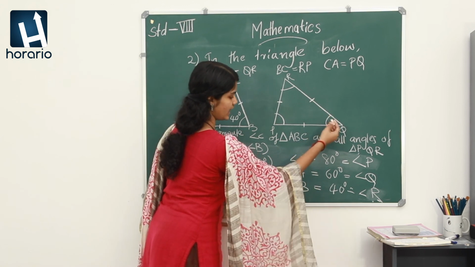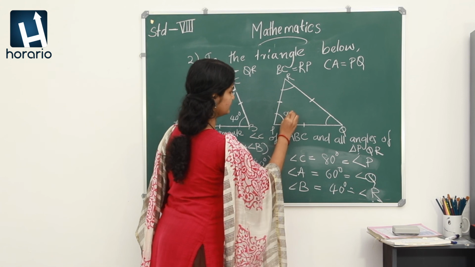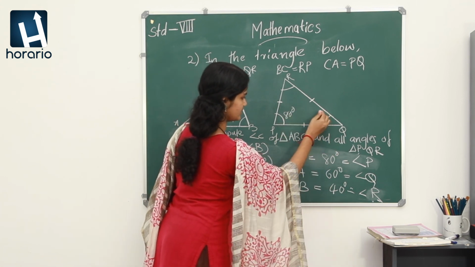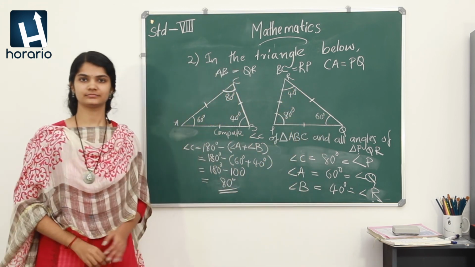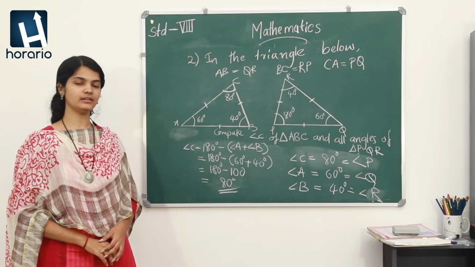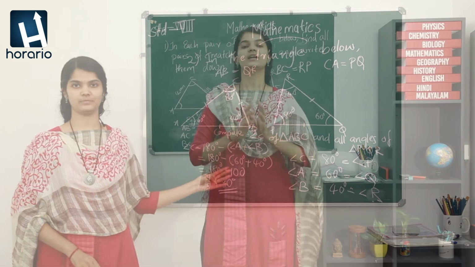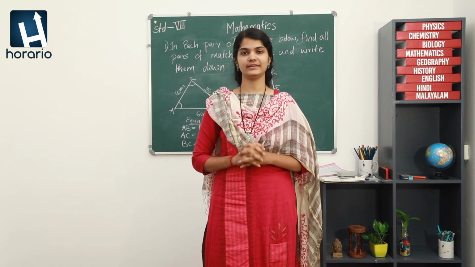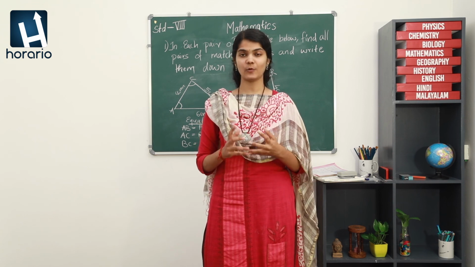Just note down the angle measures so that you can find them easily. It is here 60 degree. Okay. So students, I think you have got the answer of the problem. So students, today we have studied how to find equal sides, how to find equal angles, and how we can compute angles. Thank you.